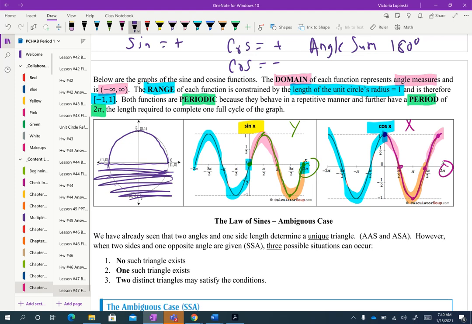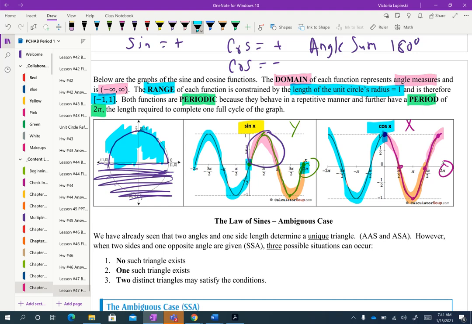If you're solving for the sine, you're only able to consider this part of the graph, which means you're only able to get a sine value that is positive. If you were to get any negative, that would not be possible. And because you're getting a positive, it means you could potentially be getting answers in quadrant 1 or quadrant 2. So that just means you have more than one potential answer.